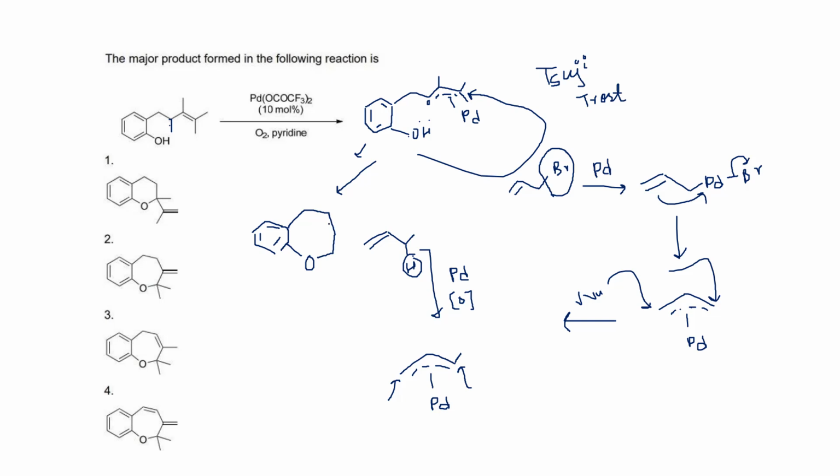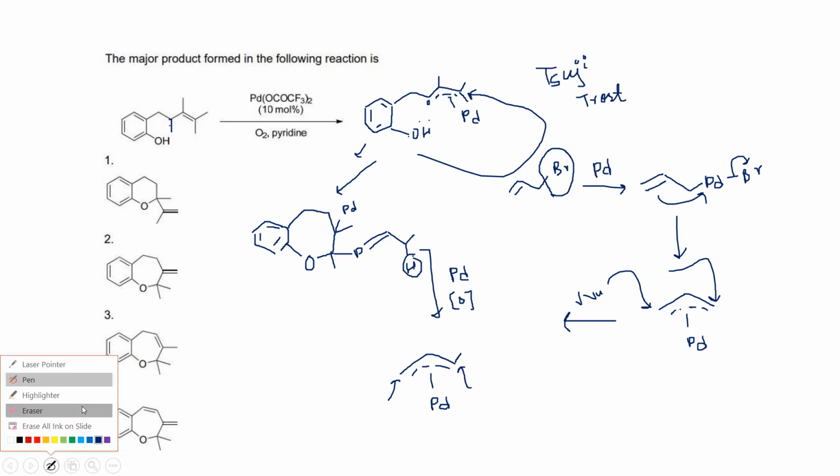So 1, 2, there is a methyl here and one methyl here, and there is a palladium. No, sorry, there is a palladium because oxygen is attacking at this place, so palladium will be in this place. You understood it? I'm just drawing it.